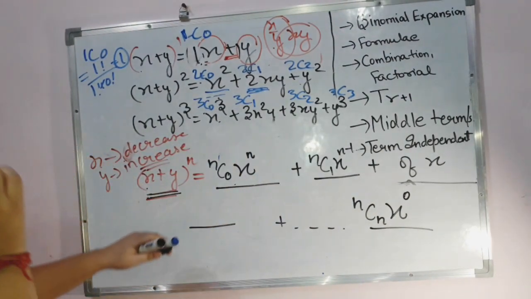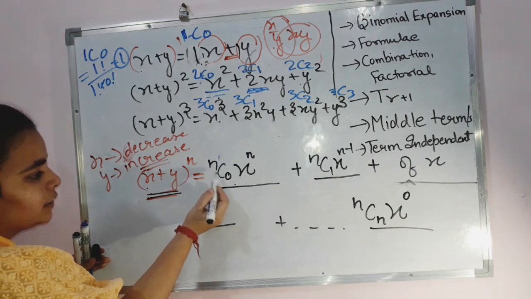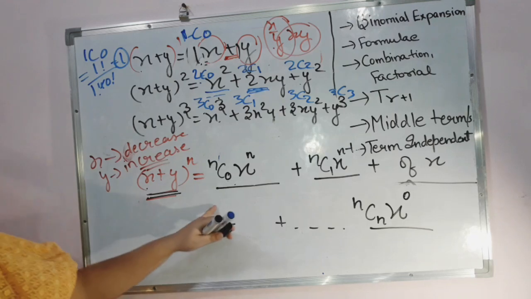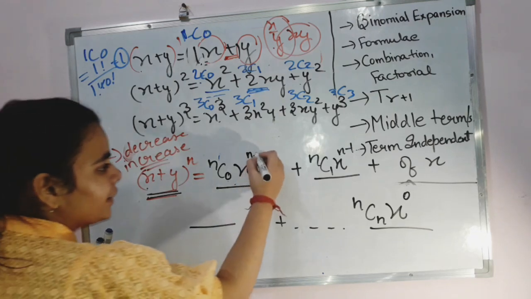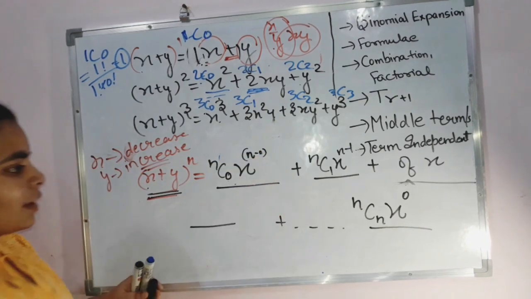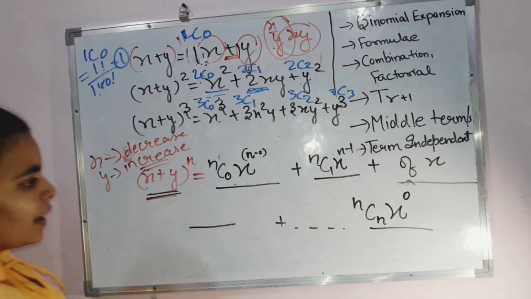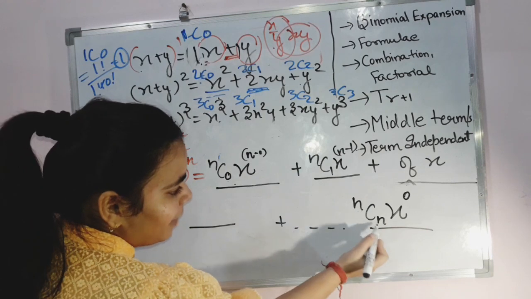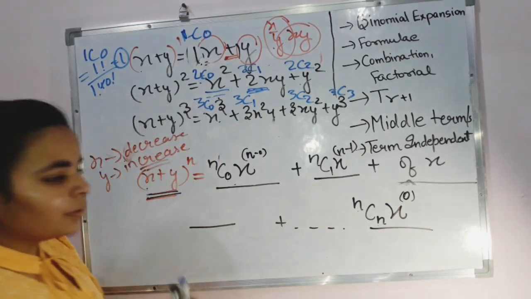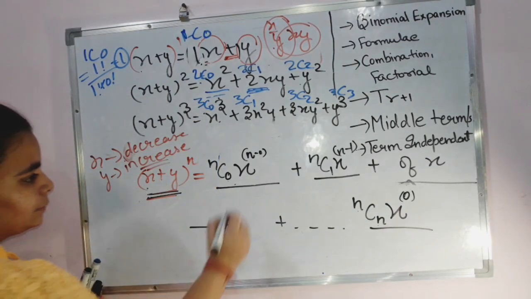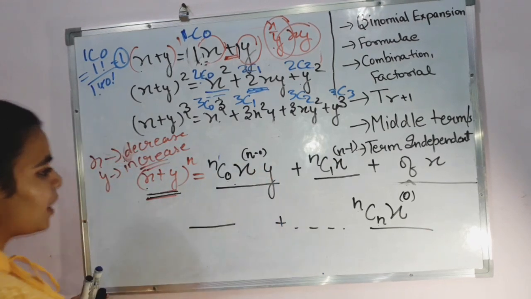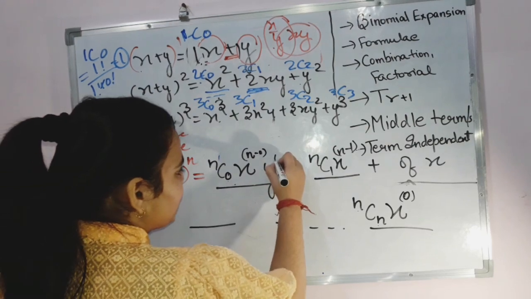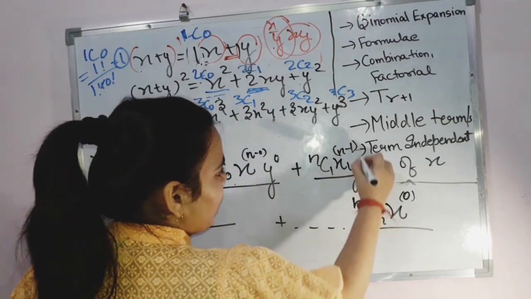Now n minus 0 is n, right? So I can write it as n minus 0, that will also be n. N minus 1 it is there, and it is n minus n, that is 0. Is it clear? Now y. Y is having increasing power, but starting from 0. So y raised to the power 0, y raised to the power 1.